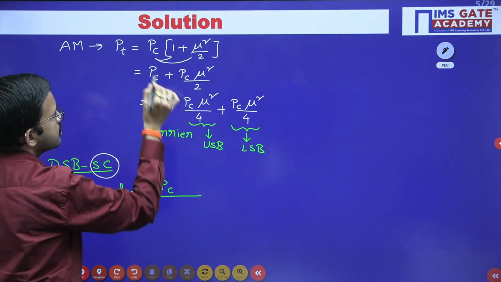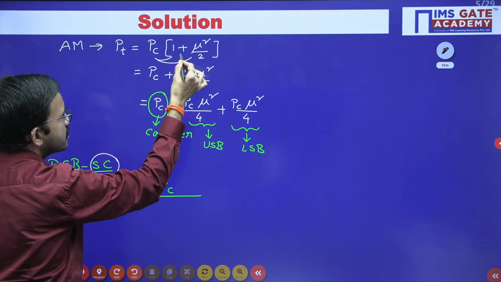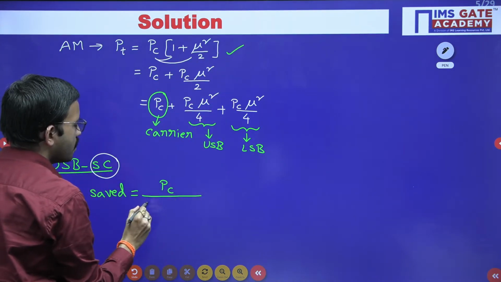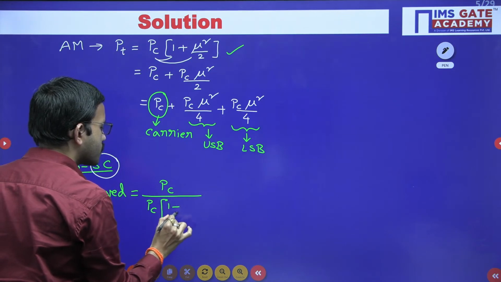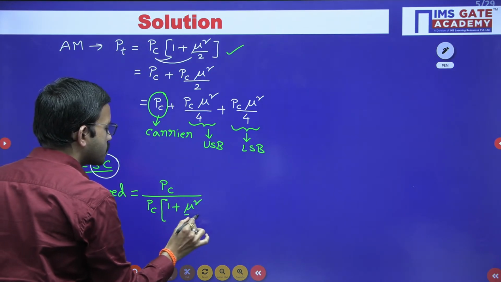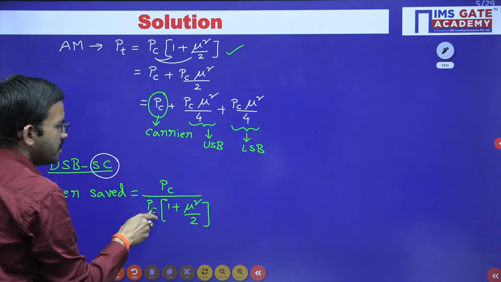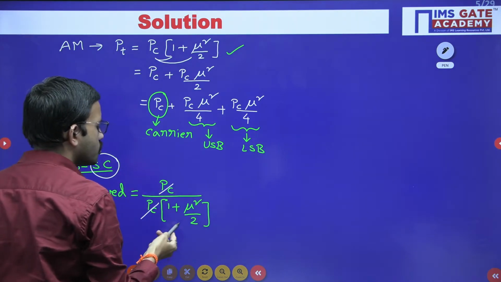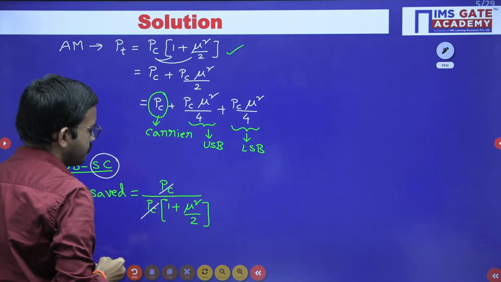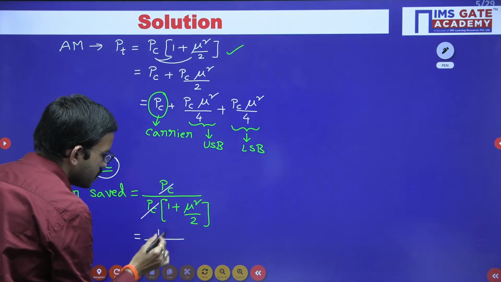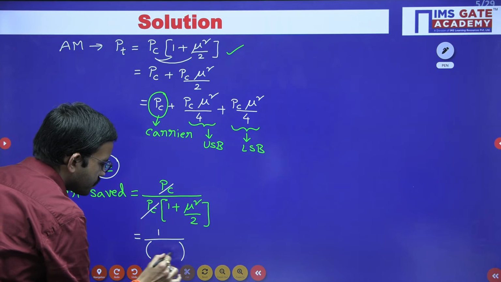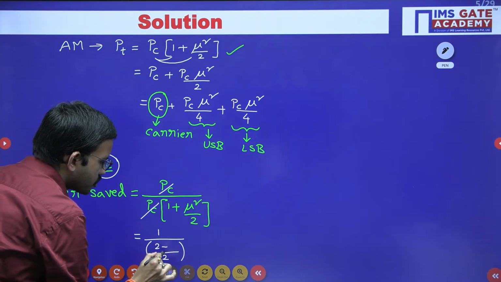We already got the simplified version, so you can use this formula: PC into 1 plus mu square by 2. Here PC will get cancelled. If you do the LCM, you will get 1 divided by, with LCM 2, 2 plus mu square.